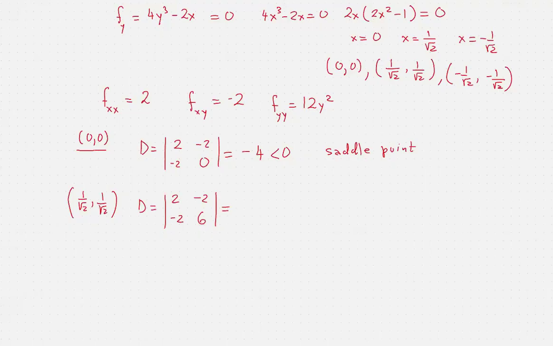That tells us right away that we do have a local extremum here. And exactly because f_xx at 1 over square root of 2 and 1 over square root of 2 is 2, which is greater than 0, this will be a local minimum.